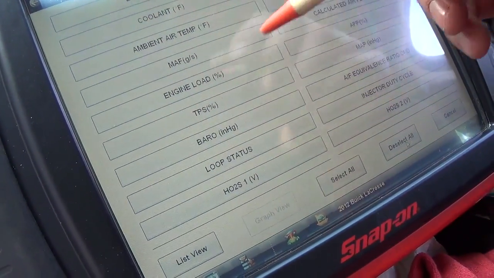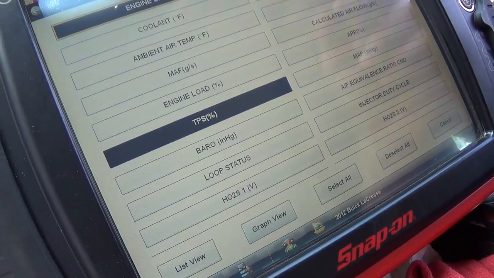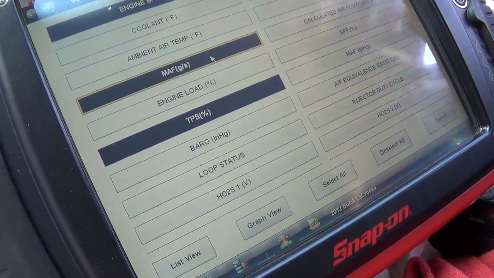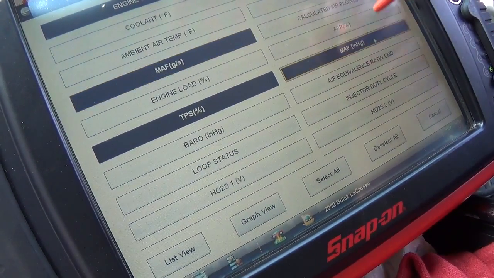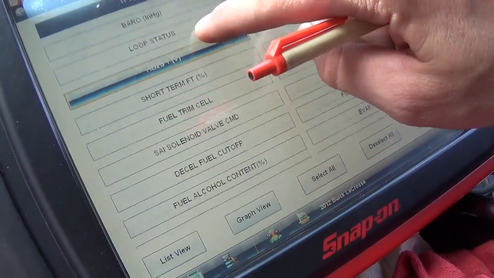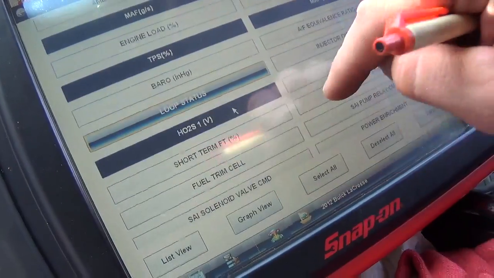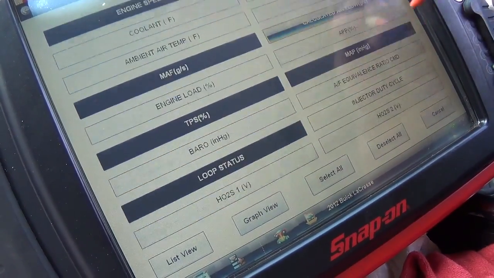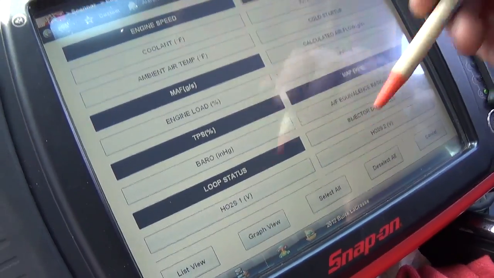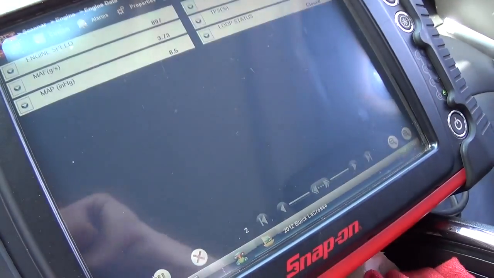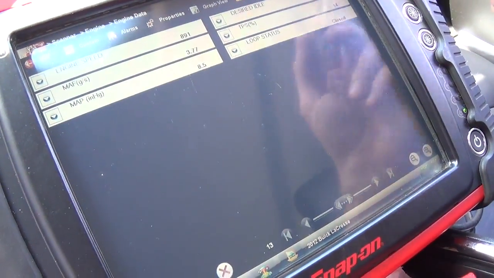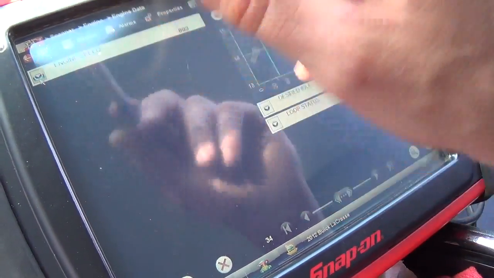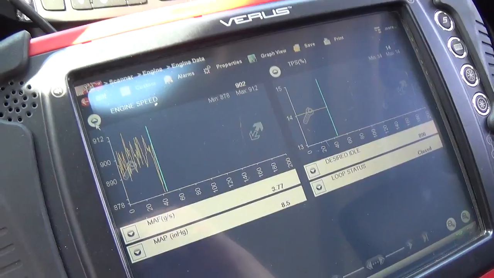Let's just monitor some basics here. Let's see. Desired idle. Let's view. Alright, let's take it for a spin.